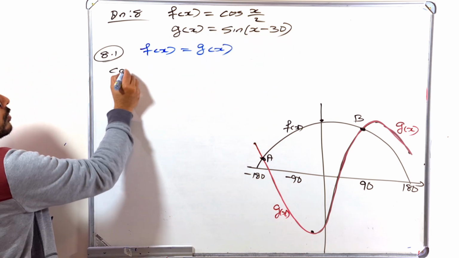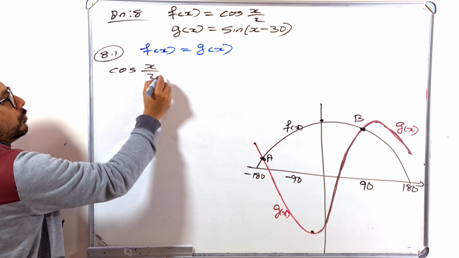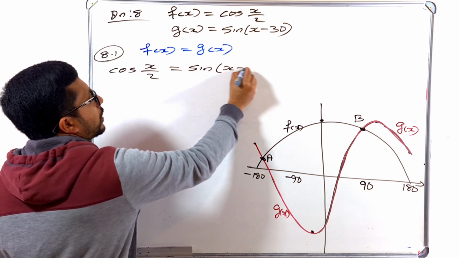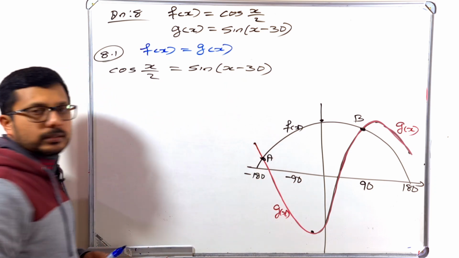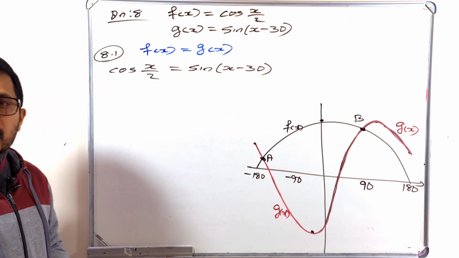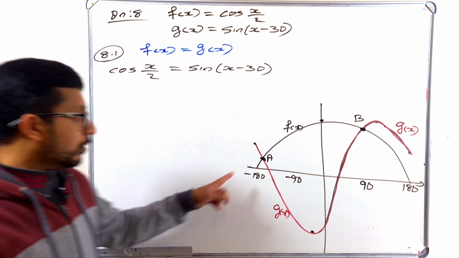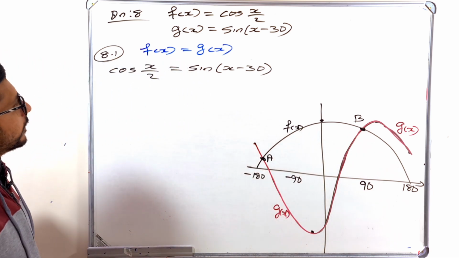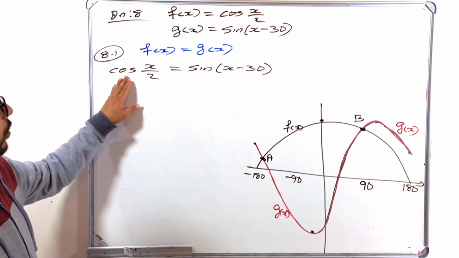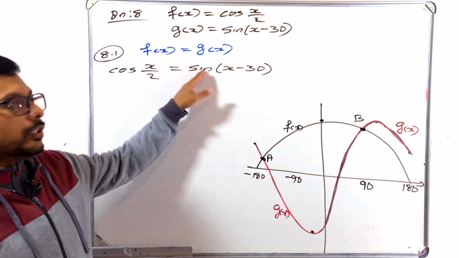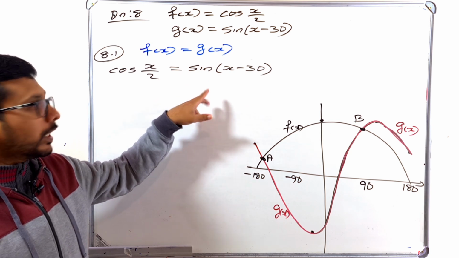Cos of x over 2 is equal to, what is g of x? Sine of x minus 30. Now we have to simplify this one and find the exact values of A and B. In this type of questions, one is cos, the other one is sine. We know how to convert this sine into cos. How can you convert the sine into cos?